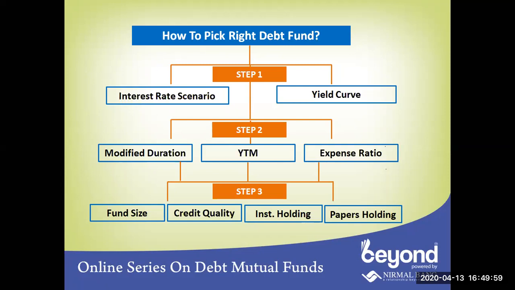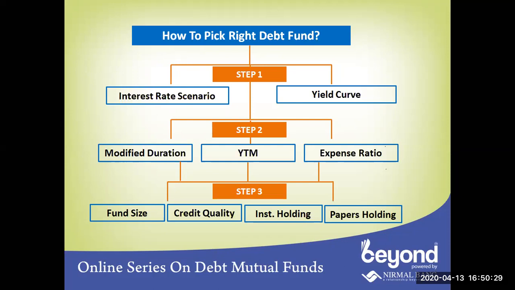Though debt mutual funds invest in a lot of subsidiaries and joint venture kinds of papers, at least we get a rough idea through this model of what kind of group this is. Through that model, we understand what kind of group it is and what kind of papers it is holding.